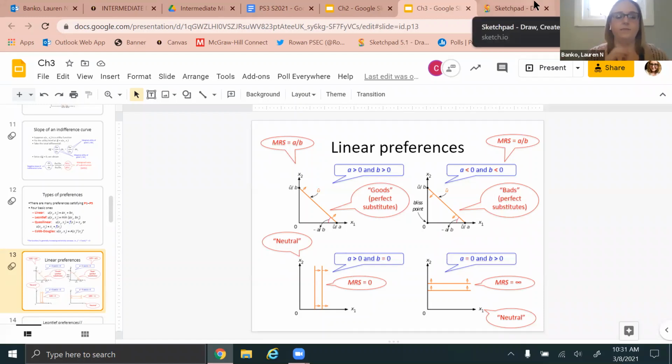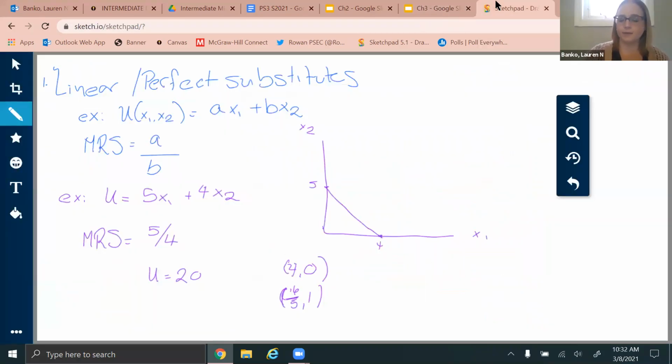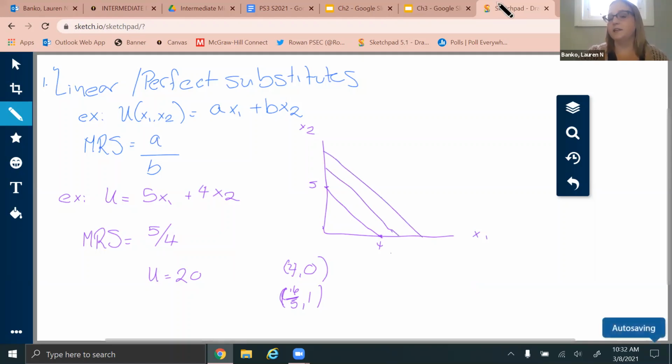So for the first one, we want to know what the graph looks like and also what the MRS is. You might see a lot more lines for different levels of utility, but I might ask, with this graph, what kind of preferences do we have? Because they're all linear and downward sloping here, we'd say perfect substitutes, linear.